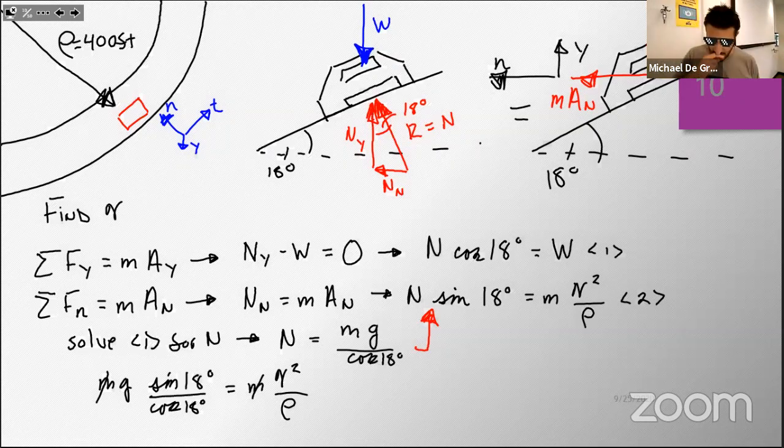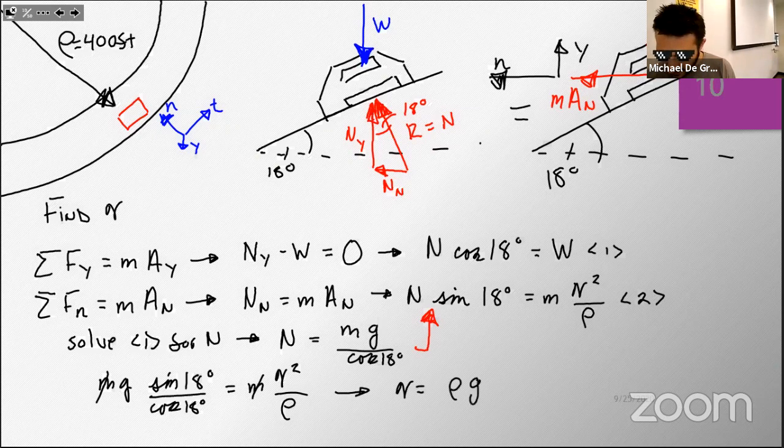Okay. Sine over cosine of the same angle is tangent. I can rewrite this. I can say that V is equal to the square root of rho times gravity times the tangent of 18 degrees.